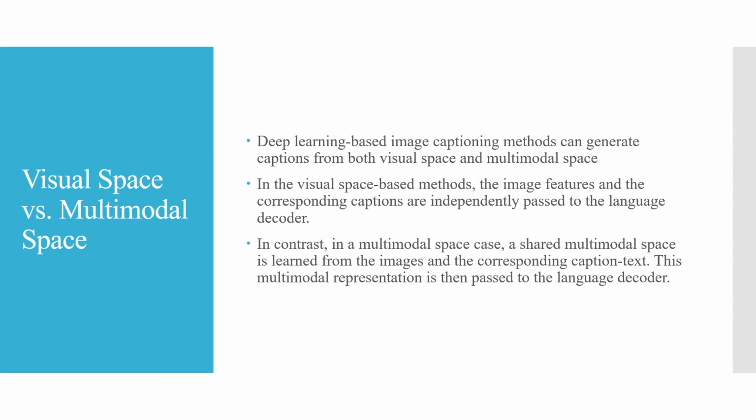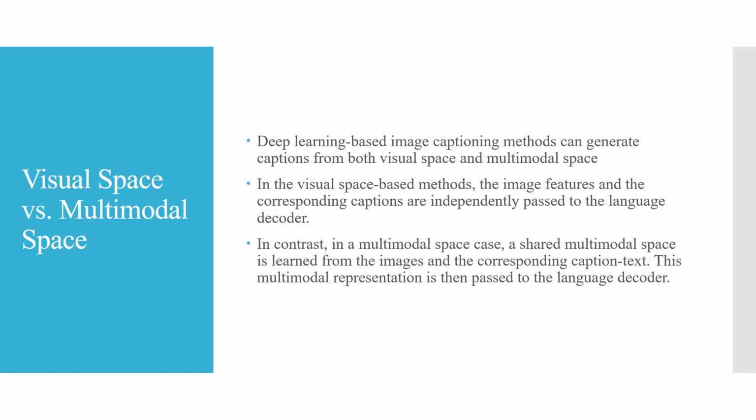And next we come to visual space and multimodal space. Deep learning based image captioning methods can generate captions from both visual space and multimodal space. In the visual space methods, the image features and the corresponding captions are independently passed to the language decoder. The bulk of the image captioning methods use visual space for generating captions.